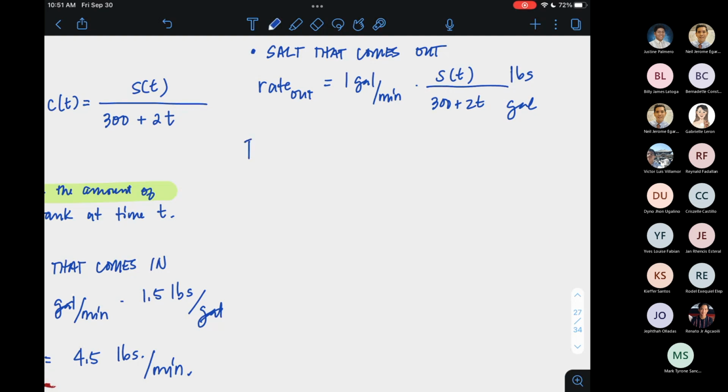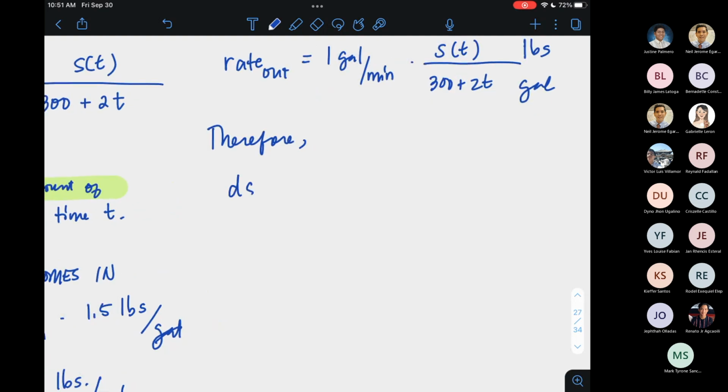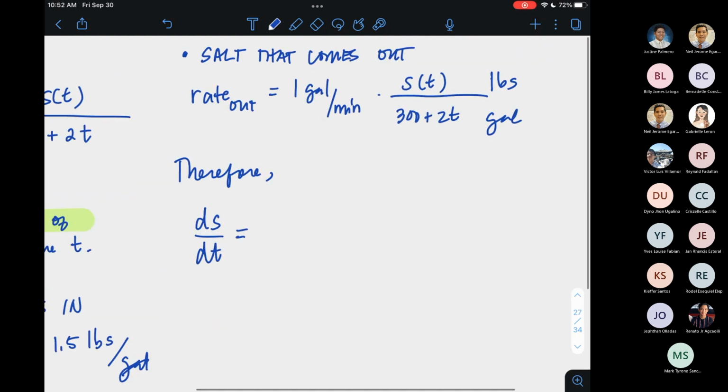So therefore, here's our model for this phenomenon. Yung total rate of change nung amount ng salt, so ang amount of salt natin ay S. So ang derivative ni S with respect to t is the rate at which salt changes doon sa solution. Okay? And this is equal to the rate in. Ano yung rate in natin?